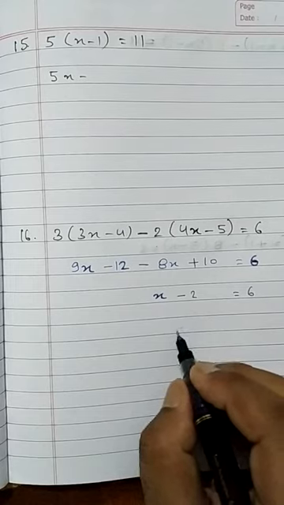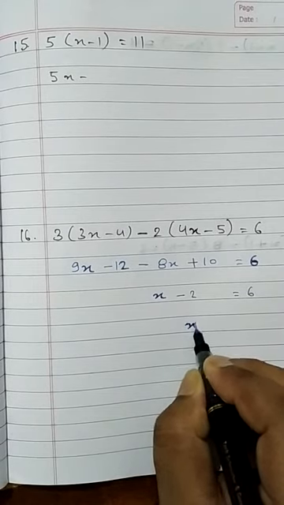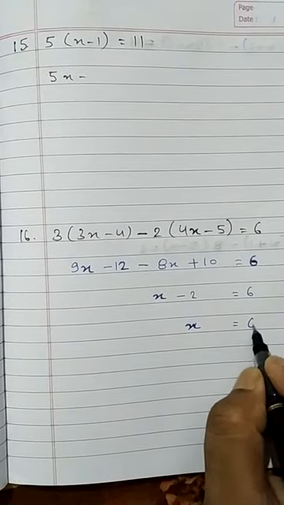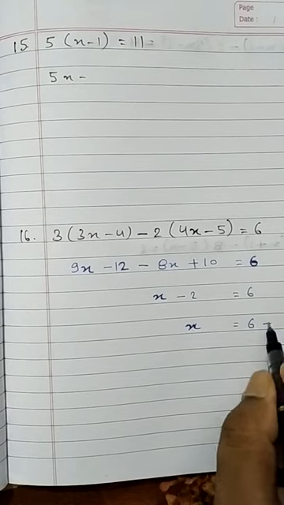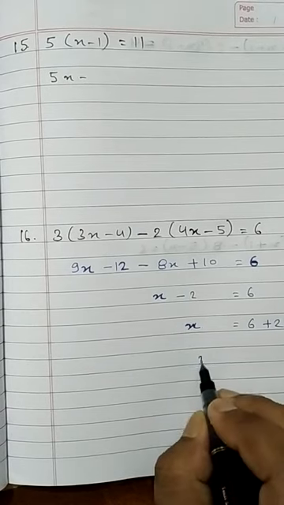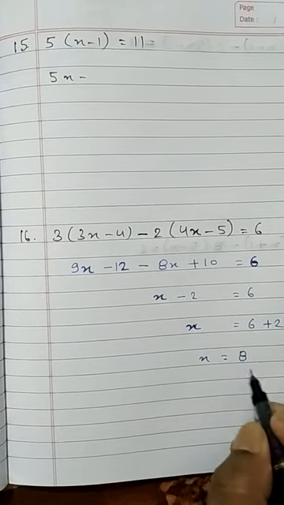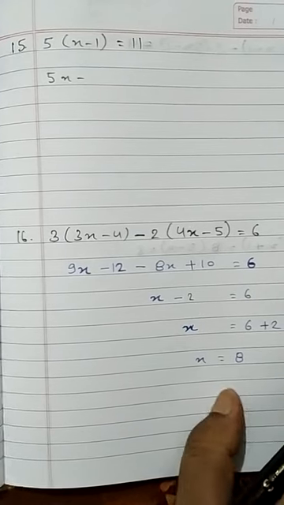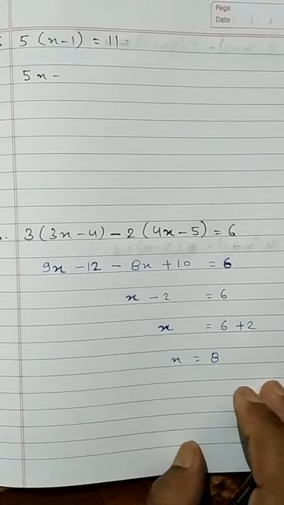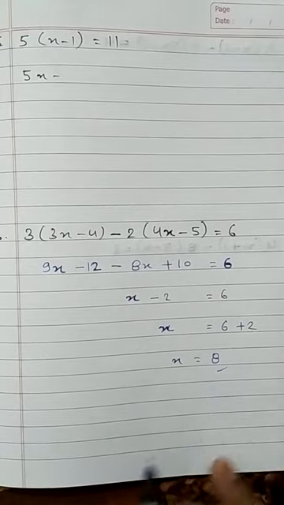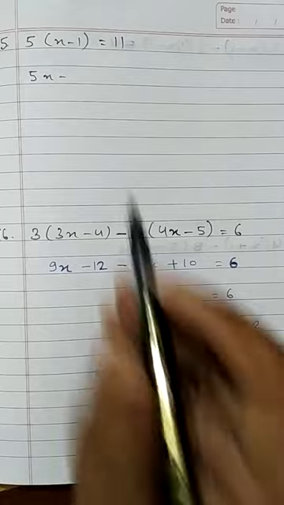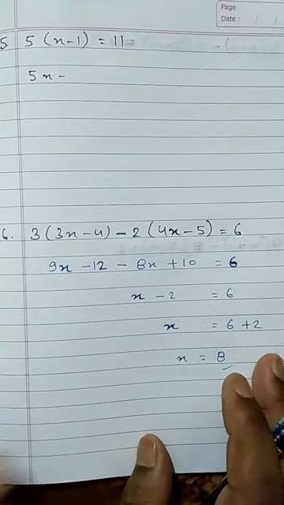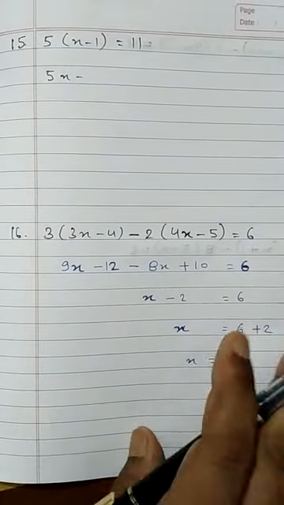And now x minus 2 equals 6. This minus 2, when transposed to the right hand side, becomes plus 2, and hence the value of x is 8. Okay, like this one. So as I have solved this question, you have to solve this one. This one is a baby question in front of this one.